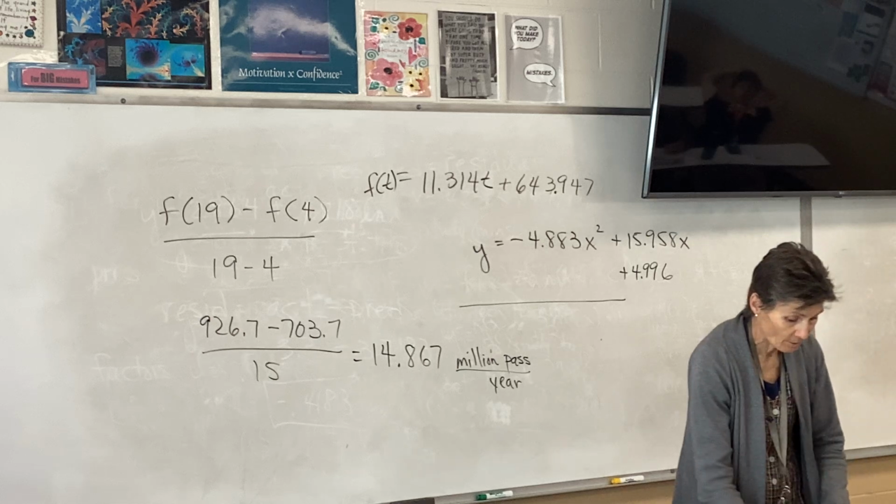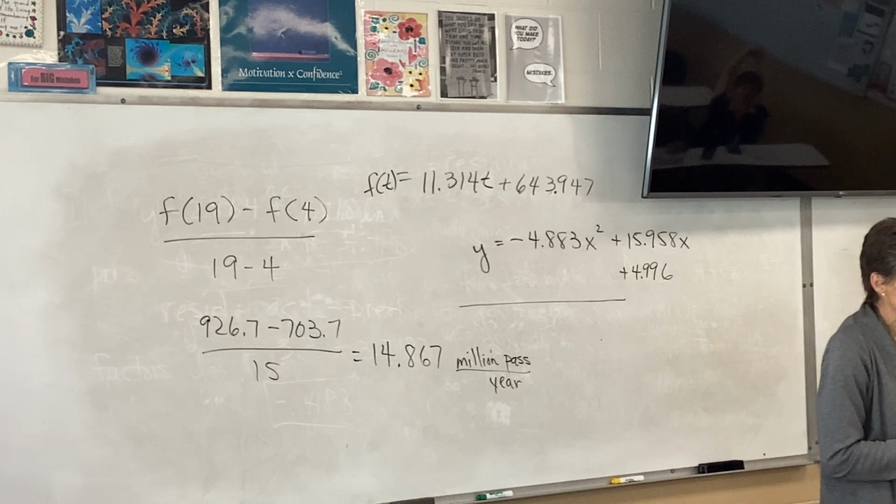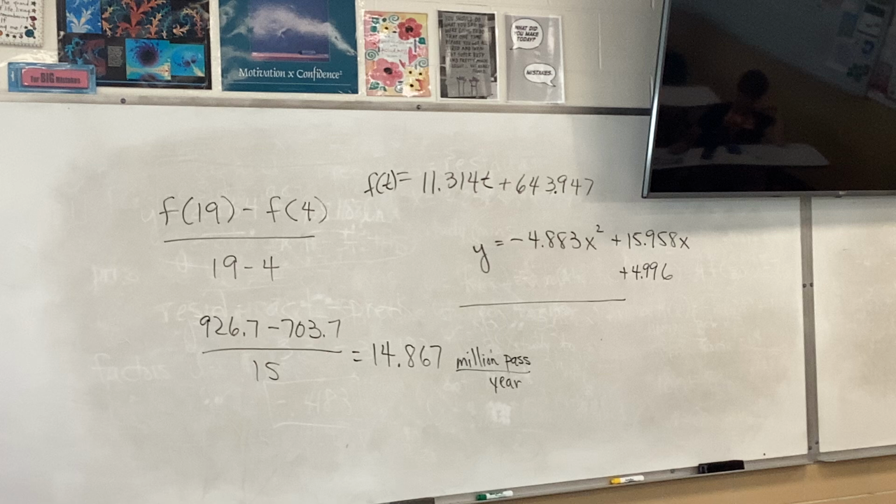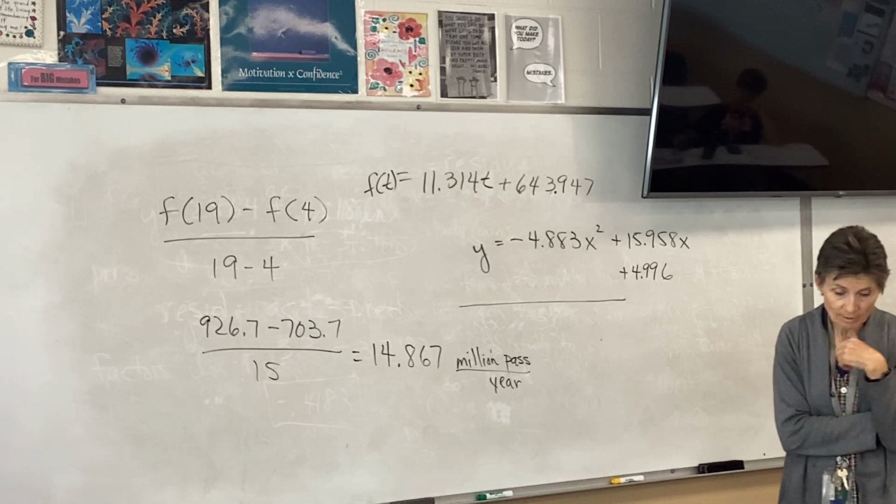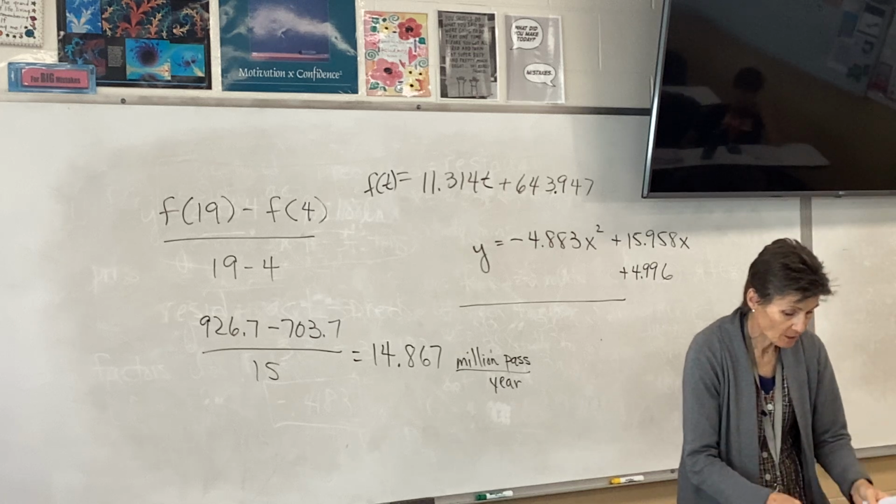R squared gives you the percentage of the variation. So in other words, the model explains 66% of the variation in the data.